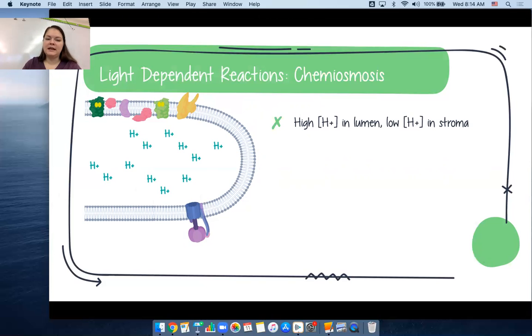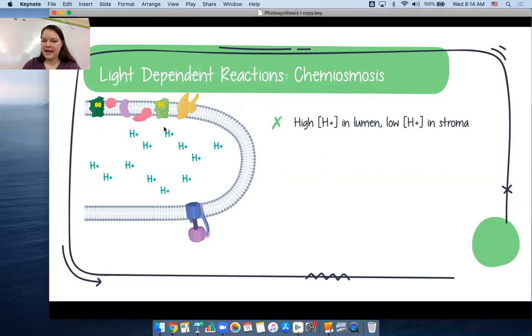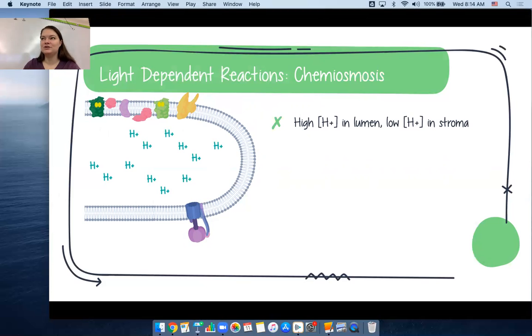We talked in the beginning of the year about water that dissociates and makes hydrogen ions and hydroxide ions. So what would you expect the pH of the inside of the lumen to be as it compares to the stroma? Another kind of side conversation that you should have with yourself, or maybe talk to your group about it and see if you can figure that out.